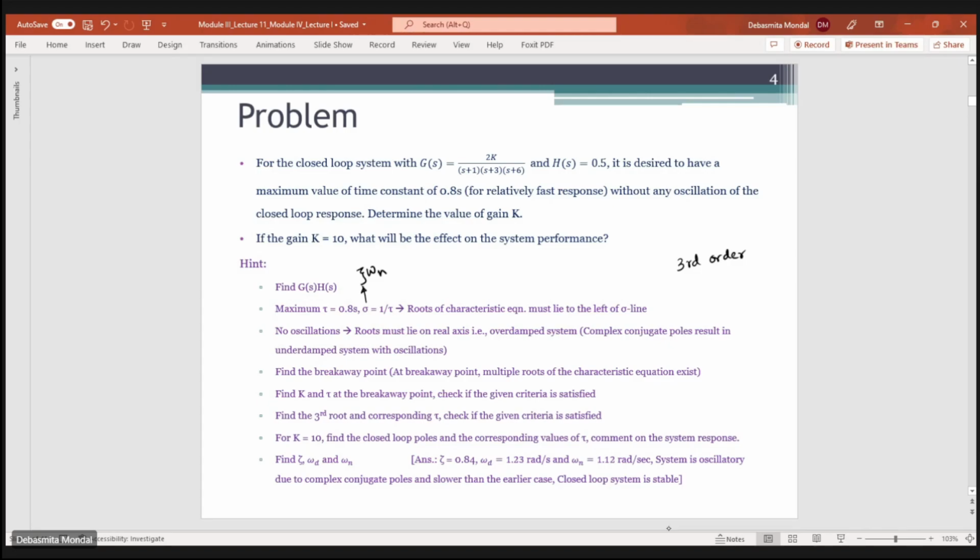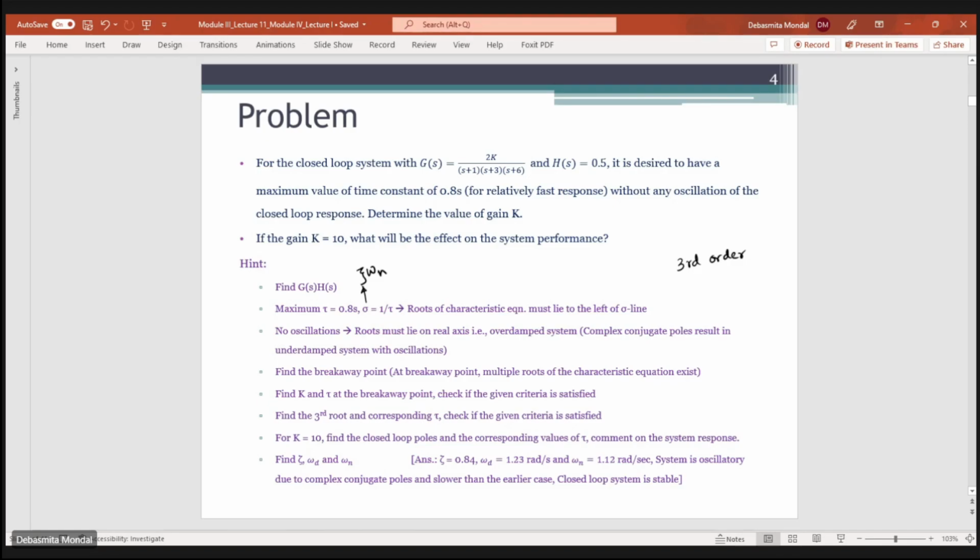Okay, then you have found some specific value of k. In the next step, you increase the value of k to 10, and then you see how the poles of the closed loop system change.